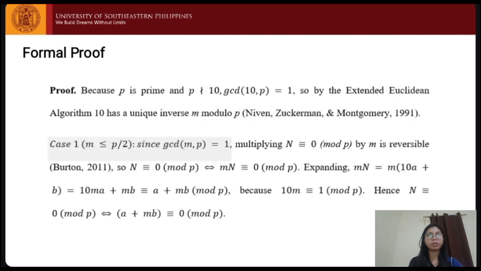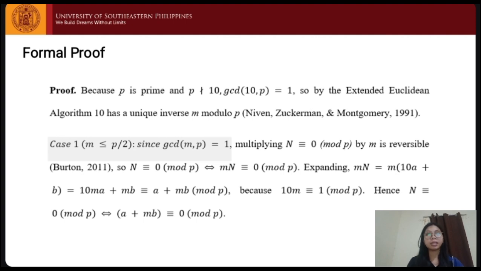So next slide for our proof. Next, we express any positive integer as n is equal to 10a plus b. If n is divisible by p, then 10a plus b is congruent to 0 modulo p. Since multiplying by the inverse does not change congruence, we multiply both sides by m.